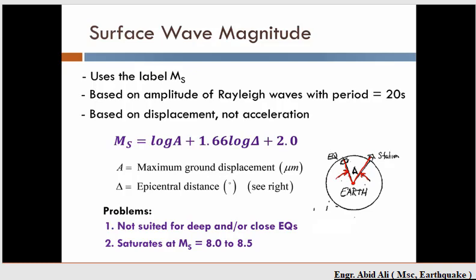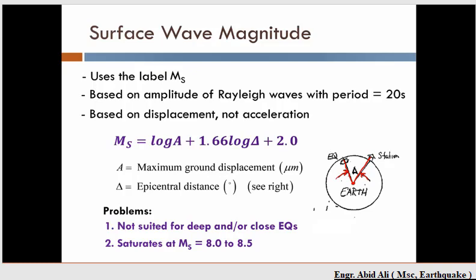Well, there were problems with the surface wave magnitude as well, because it's based on the surface waves. It's not really built to handle deep earthquakes that are governed by the body waves, not the surface waves, or earthquakes that are close.